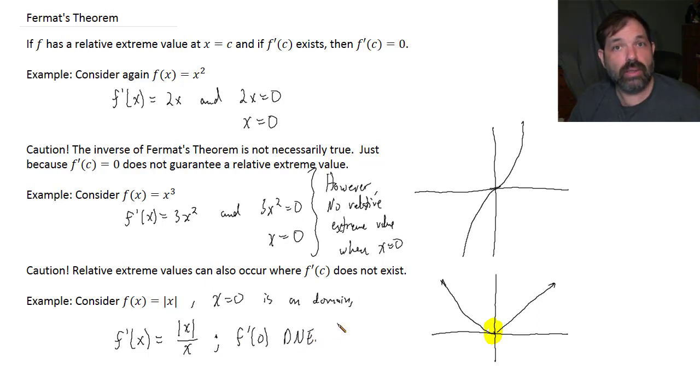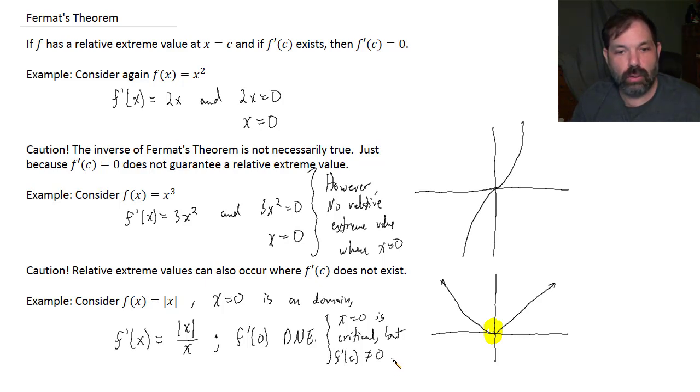So that means that x equals 0 is a critical number, but f prime of c is not 0, and we can certainly see that there is a minimum at x equals 0.